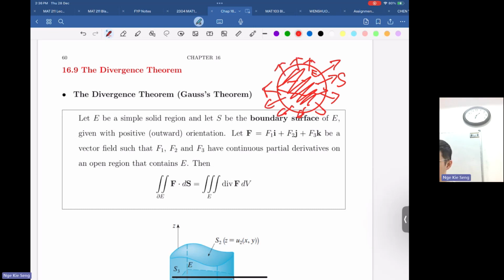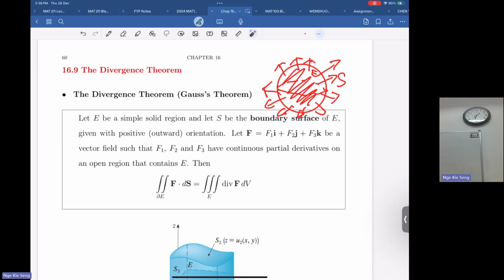The vector field also gives you vectors. Only when your vector field aligns positively with your orientation will it contribute positively to the integral.